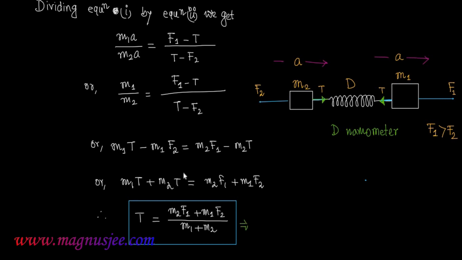This is the tension acting in the spring connecting the two blocks of mass M1 and M2 in a dynamometer. This is also the reading of the dynamometer.